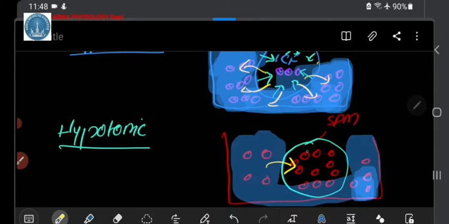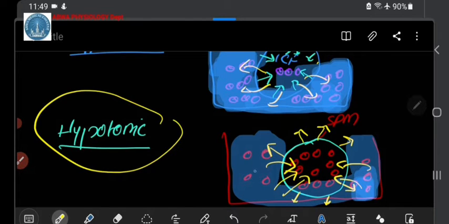If the patient has solutes inside the cells more than the solutes outside of the cells, the water will move inside the cell, make the cell swell, and it will burst out. If the patient is already dehydrated and we give him or her a hypotonic solution, then it will eventually worsen the condition and make the cell burst or swell.